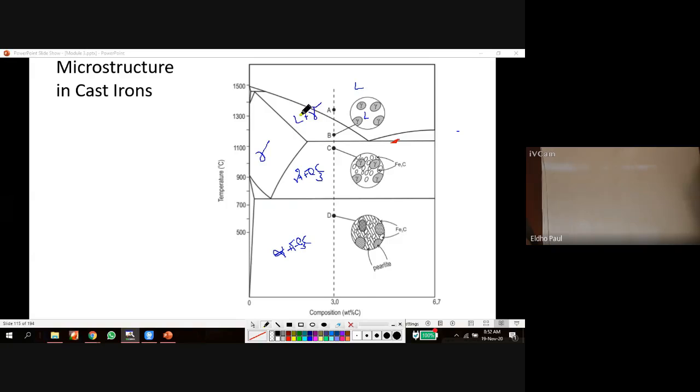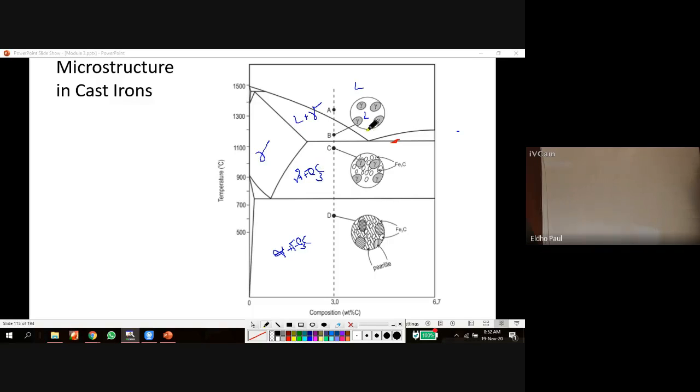Here we have liquid and gamma at point B. When it crosses this eutectic line, nothing happens to the gamma. The already generated gamma will not transform, but the liquid starts to convert into Fe3C, or cementite particles, as well as gamma.